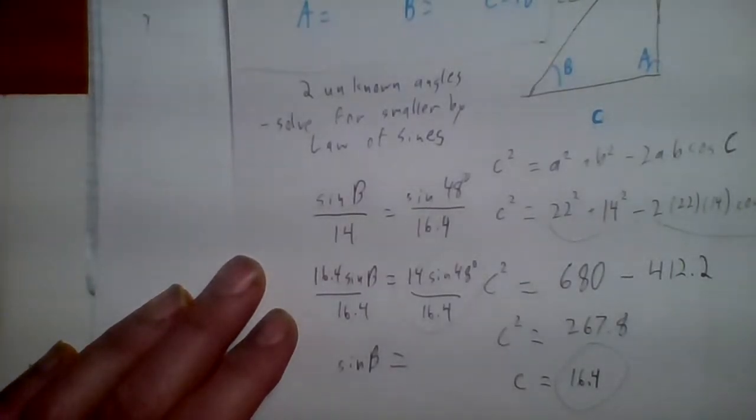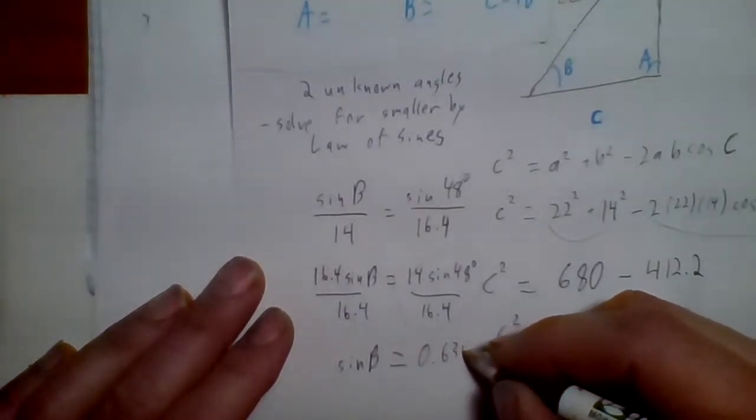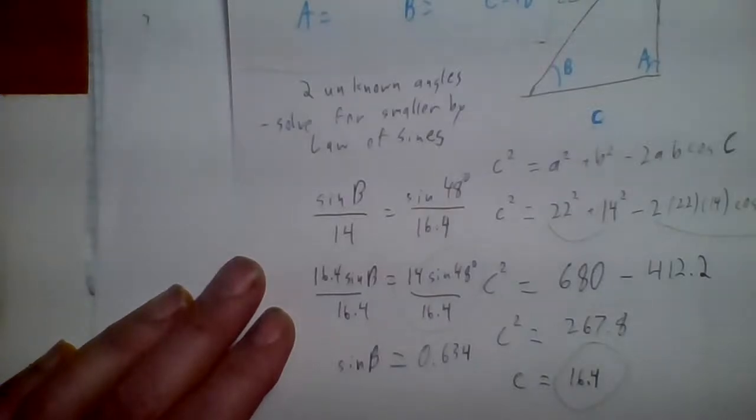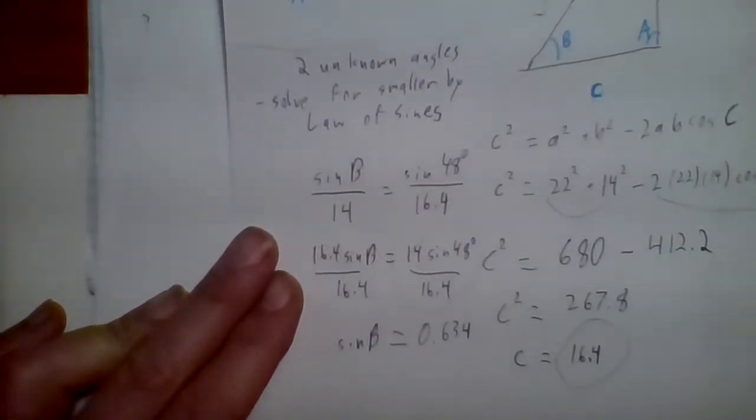Get that answer and divide it by 16.4. You've got to be careful with your order of operations here, but that whole thing divided by 16.4 should come out 0.634. I'm rounding here, keeping a few decimal places, and I'll round off the result at the end.